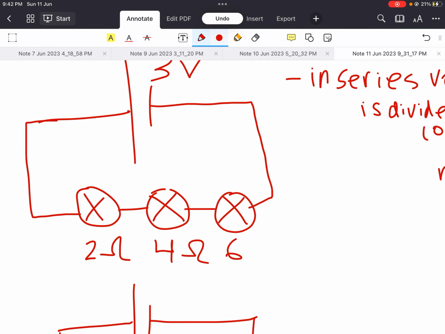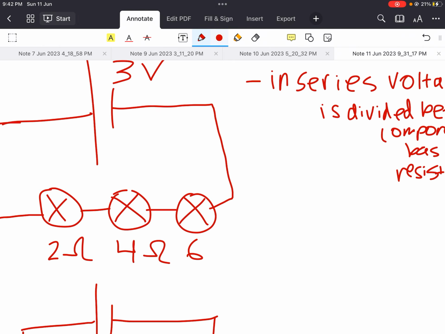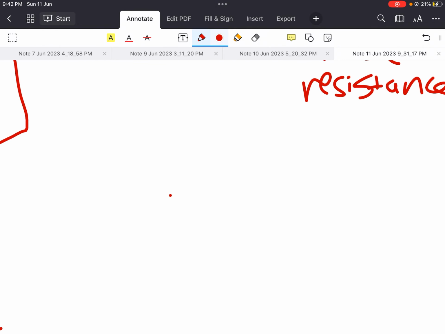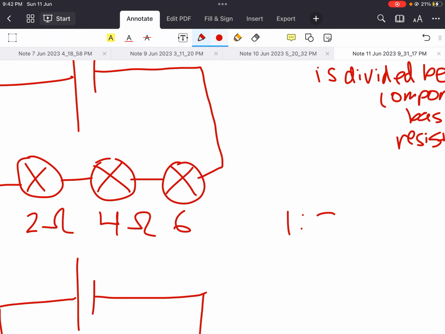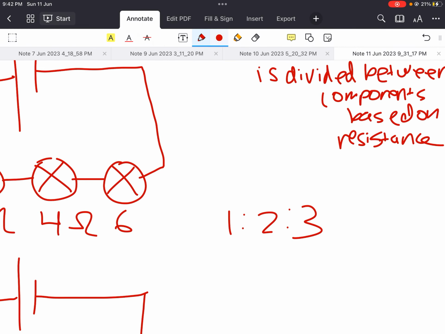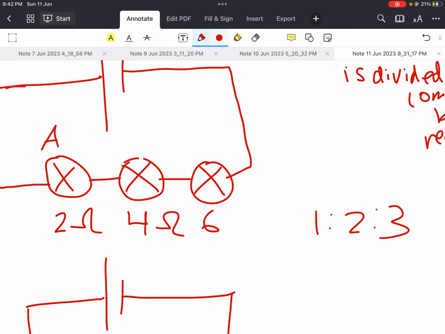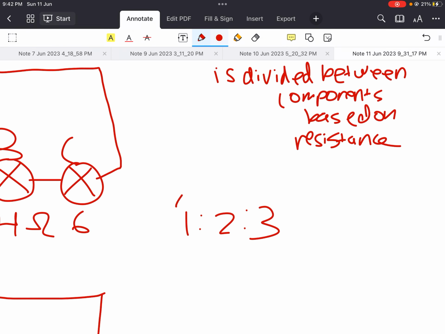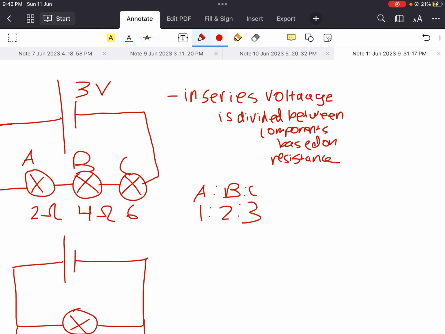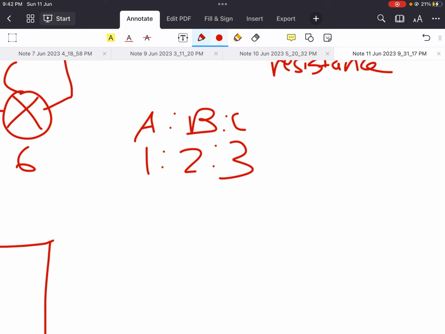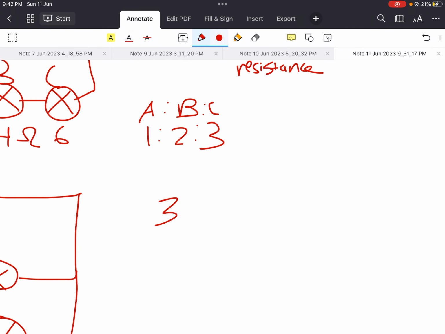So now what we'll do is put a ratio. You have basically 1 to 2 to 3. That is your ratio of resistance. Let's label these A, B, C. Now what you have to do is use that 3 volts and divide it, right? So you have 1 plus 2 plus 3, which is 6.